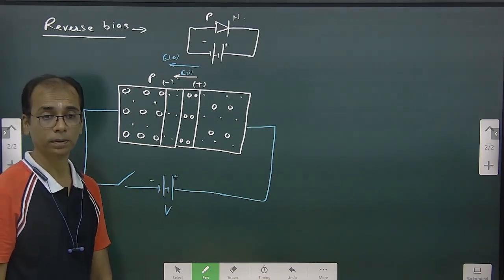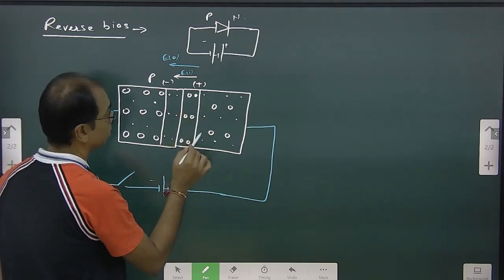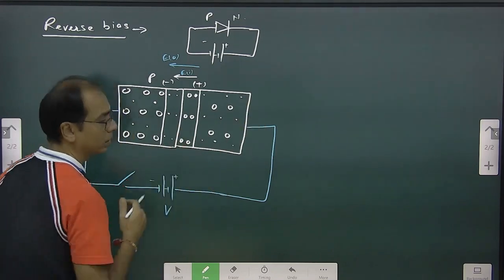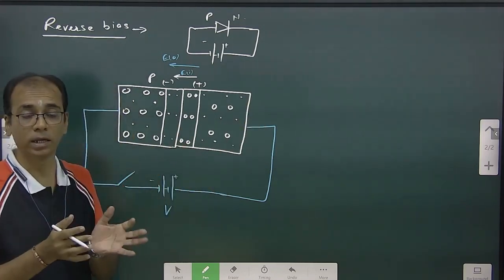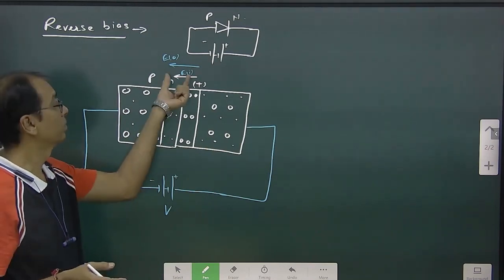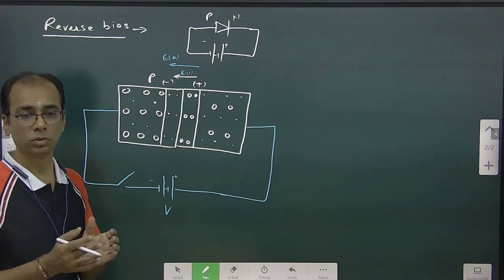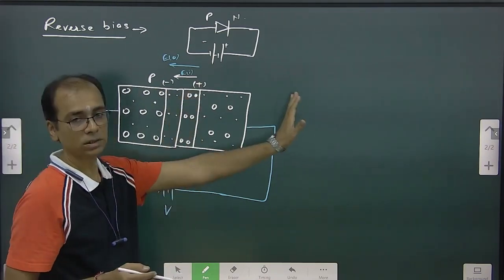Now what is going to happen? Because of this, these electrons will go further outside, because the depletion layer, or rather the barrier potential, has become even stronger because of the electric field, right? There is a force on these electrons in this direction.